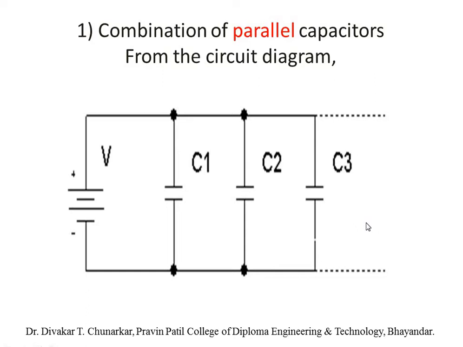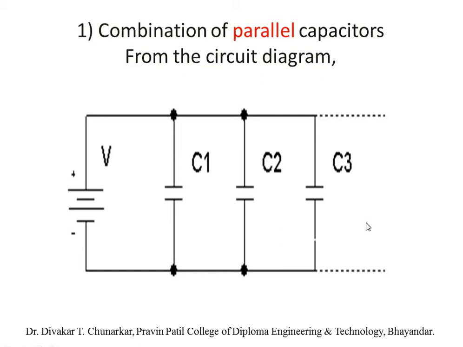Here 1 upon Cs is the equivalent series capacitance, which is equal to the reciprocal of the sum of the individual capacitances in series.